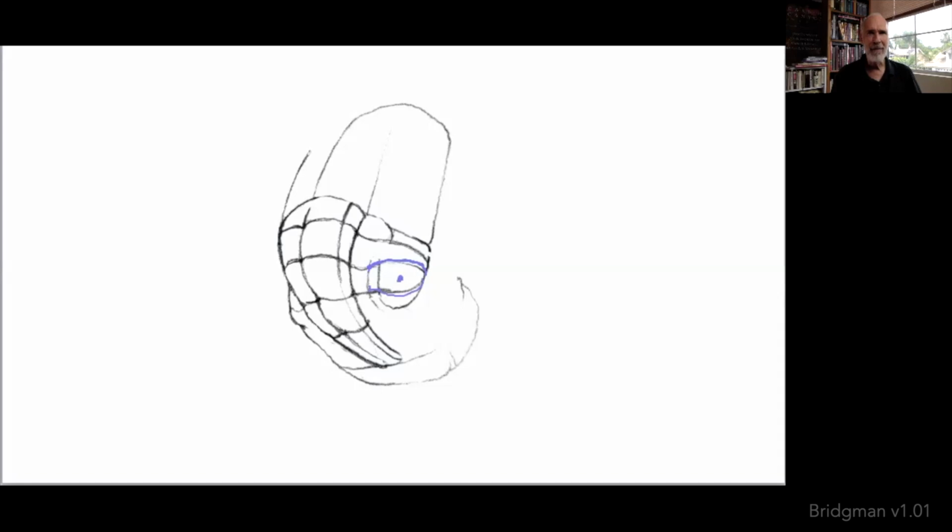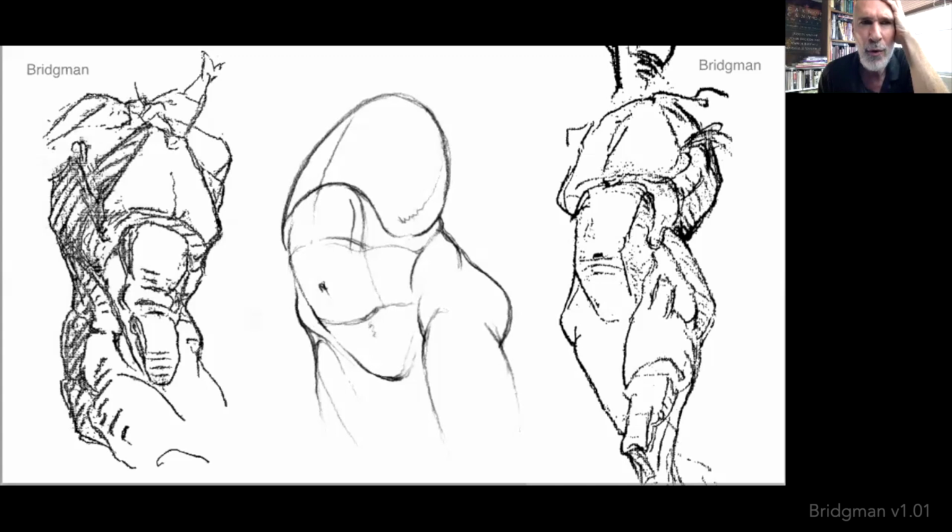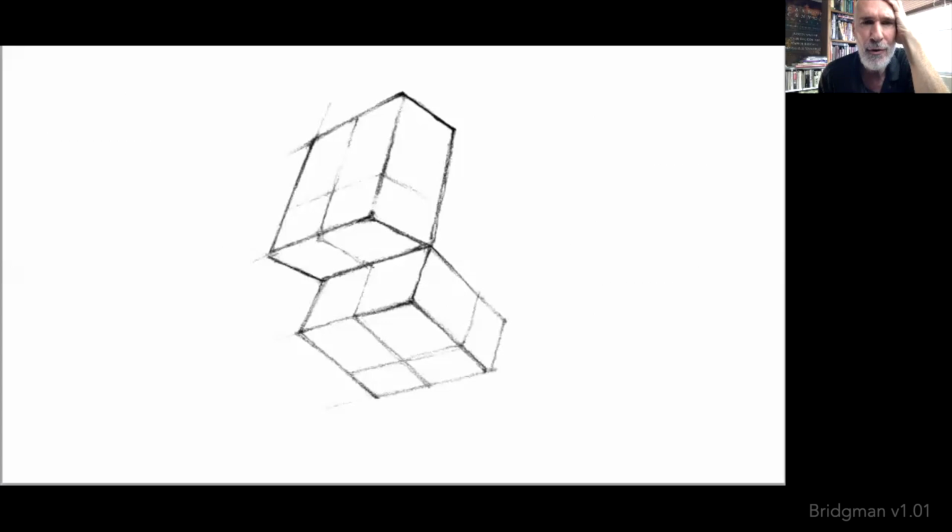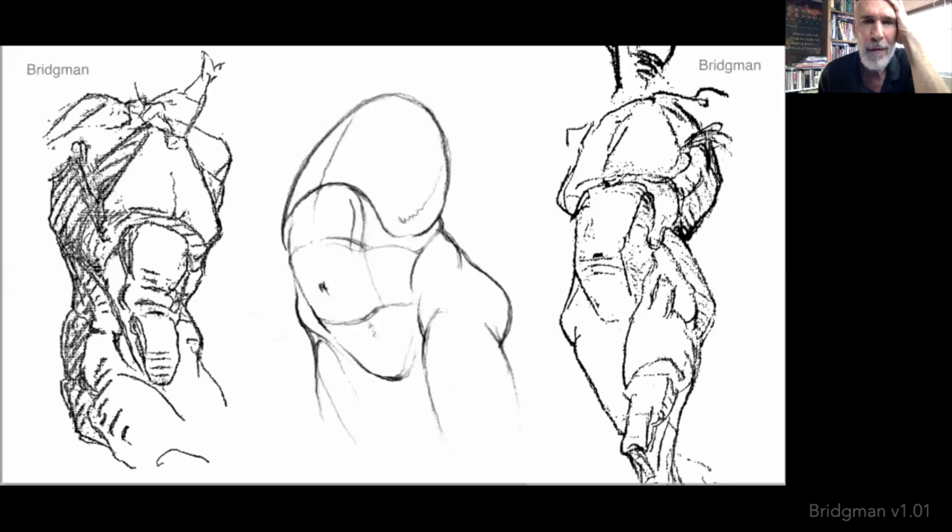And you have a book. Bridgman's book does not explain this. Bridgman's book exemplifies someone who already knows it. And that's why you're in this class. And that one in the middle is to show you, watch what we did. We went from this to this.